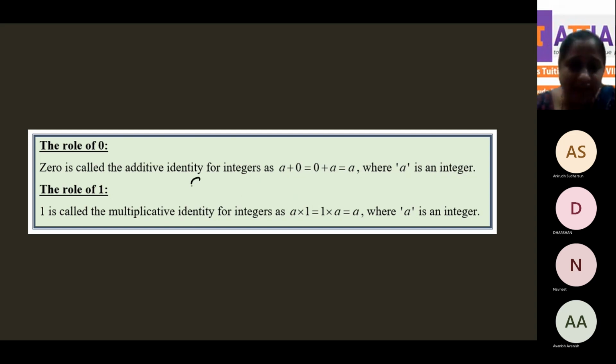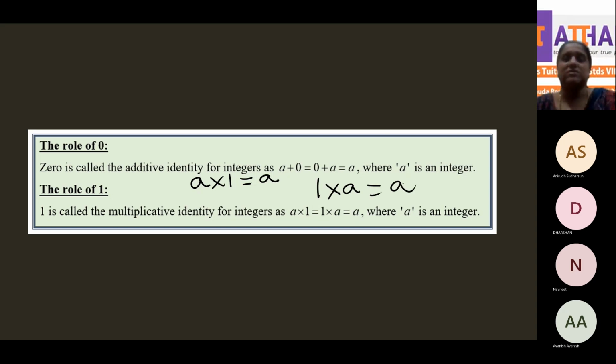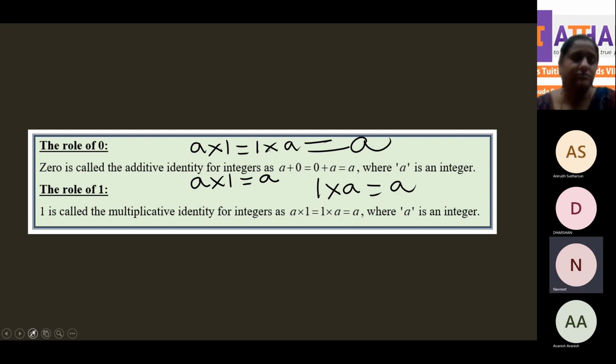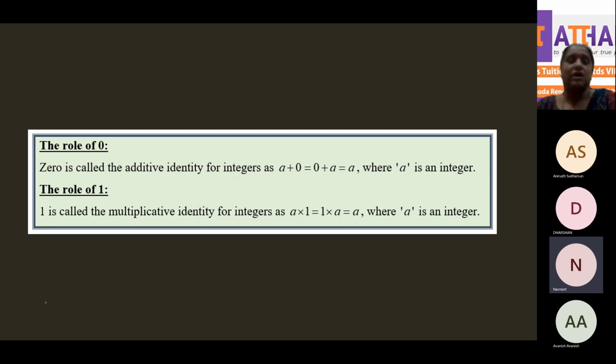So if A is any integer and you multiply it with 1, you get A itself as the answer. Whether you multiply A and 1 or 1 and A, you get the same answer, which is A. Is this understood, children? Yes, ma'am.